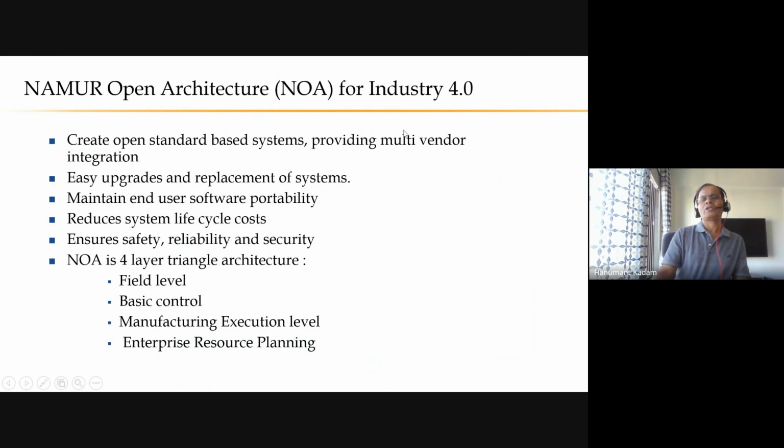So NOA for Industry 4.0. This standard they have already launched, and you can see what the benefits are. Create an open standard based system. Open standard means all vendors providing multi-vendor integration, easy upgrades and replacement of systems.